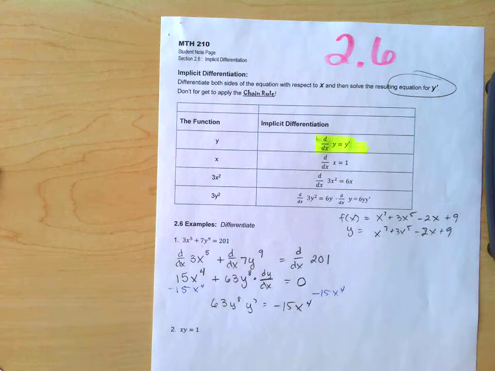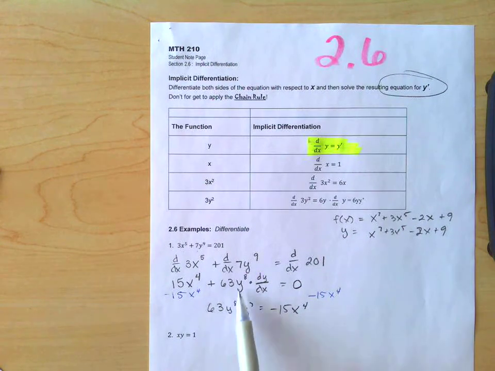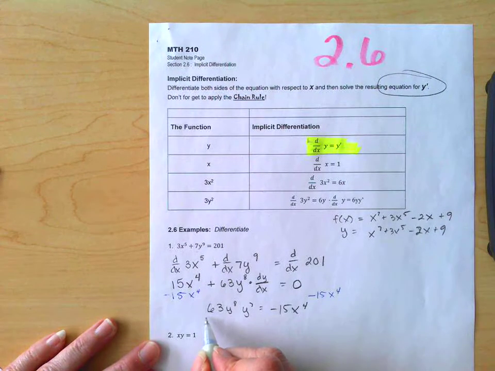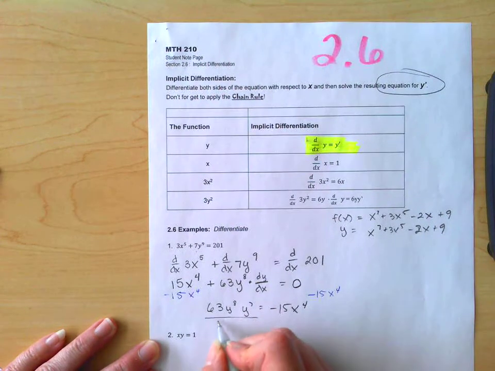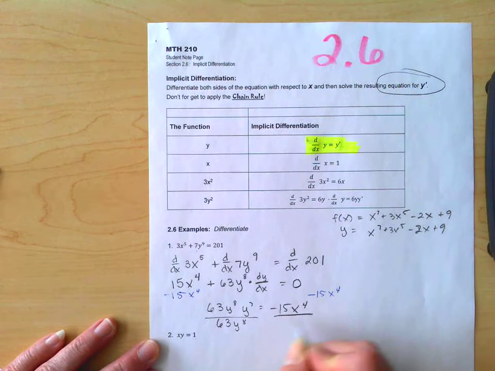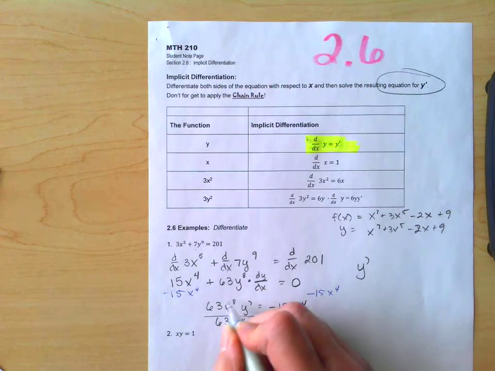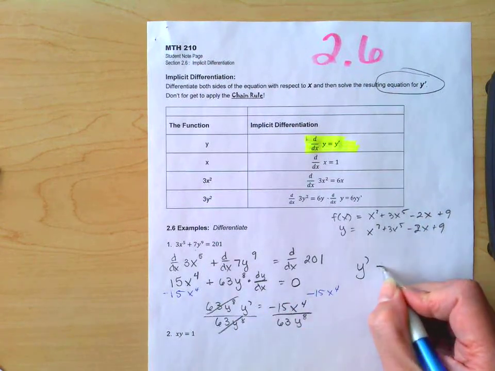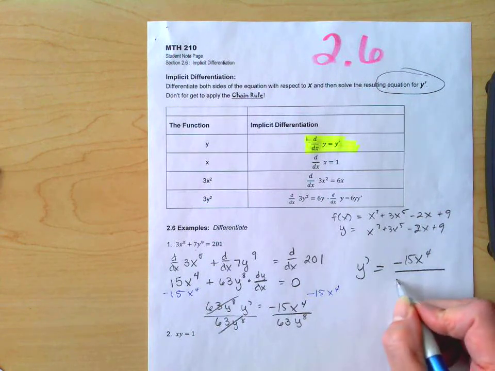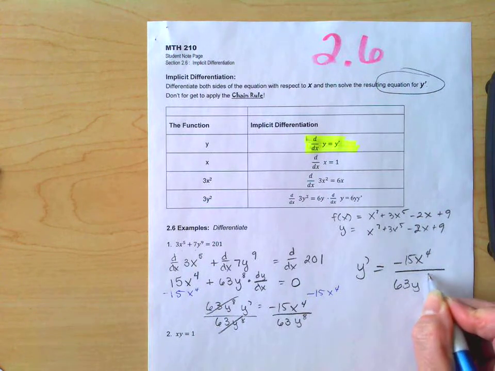So we have 63 y to the 8th times y prime equals negative 15x to the 4th. To solve for y prime, I'll now divide both sides by 63 y to the 8th. Y prime equals negative 15x to the 4th over 63 y to the 8th.